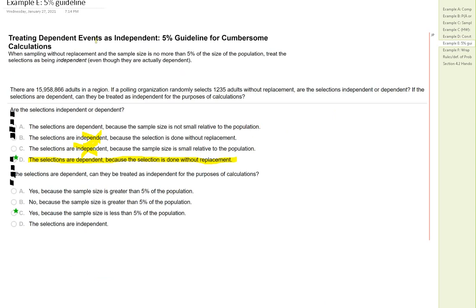We're going to talk about the 5% guideline. Now, when you sample with replacement, what kind of events do you get? Independent. So sampling without replacement gives you dependent events. But let's take a look back at a couple of our independent and dependent event calculations and just notice something.